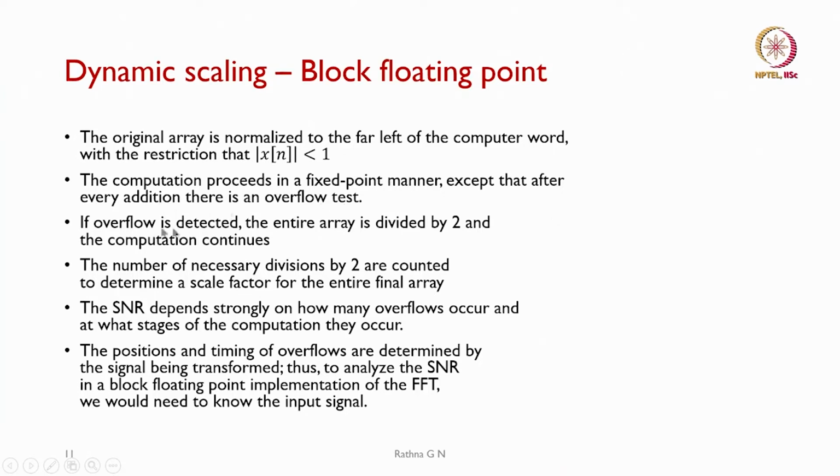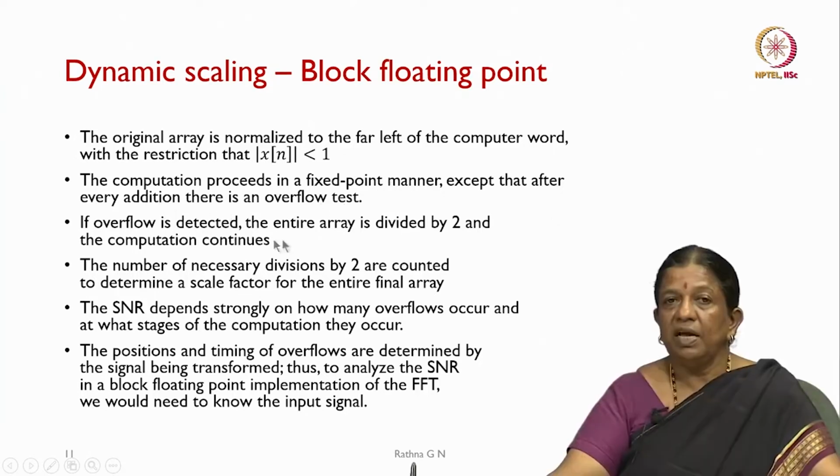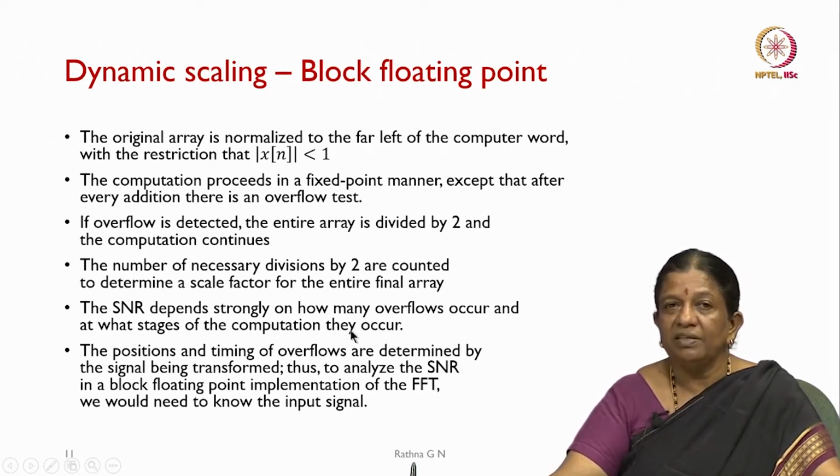If an overflow is detected, the entire array is divided by 2 and the computation continues. The number of necessary divisions by 2 are counted to determine a scale factor for the entire final array. Then the signal to noise ratio depends strongly on how many overflows occur and at what stage of the computation they occur.